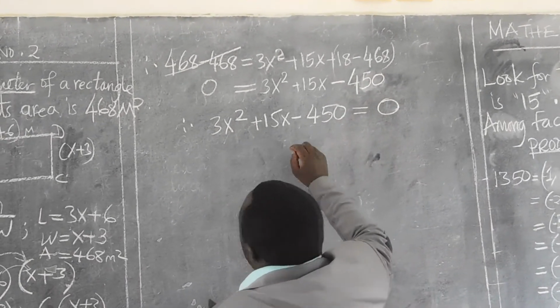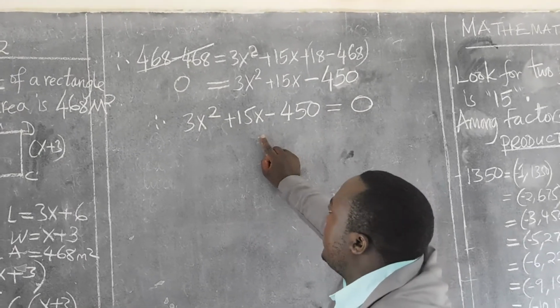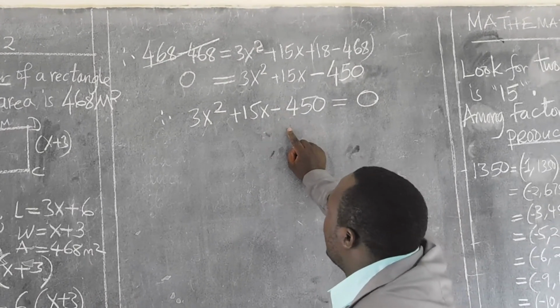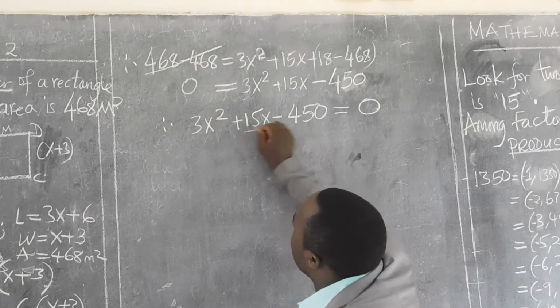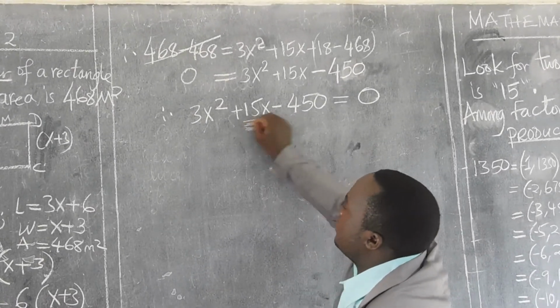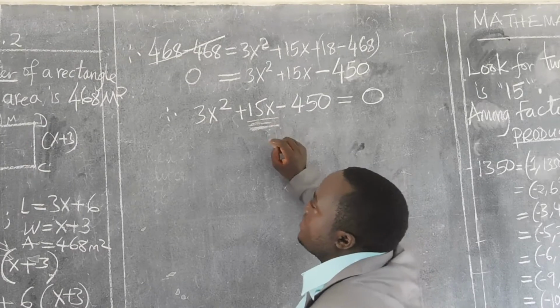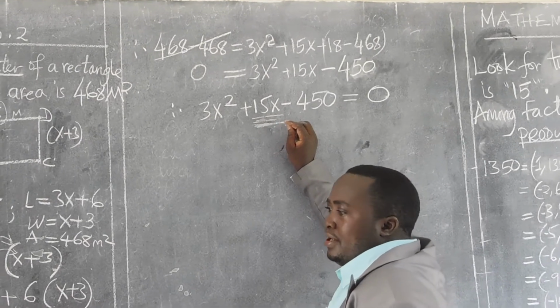So in order to find the value of x in a quadratic equation, we have to split the middle term, this 15x. How do we split the middle term?